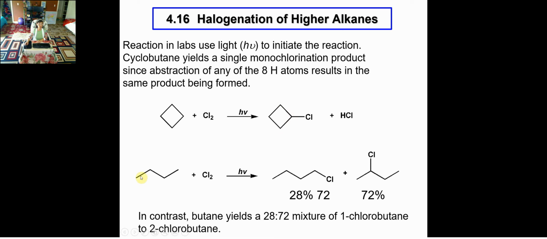If I have a normal butane, 1, 2, 3, 4, in this normal butane, you see you have this carbon, which is only connected to another primary carbon.